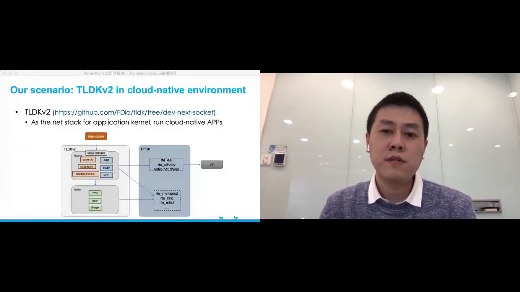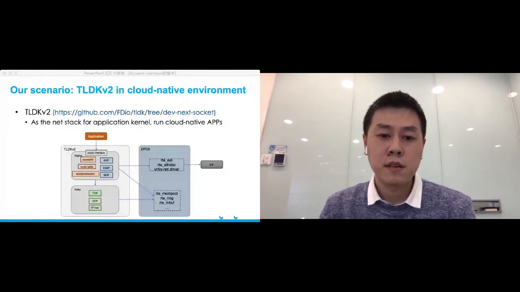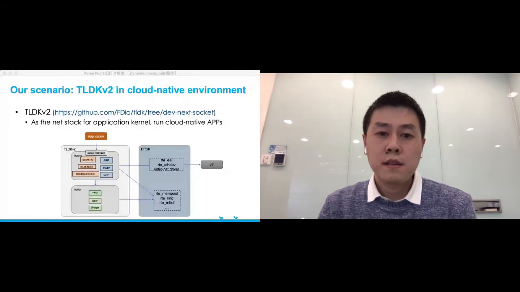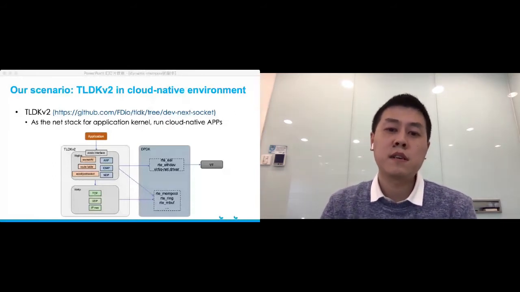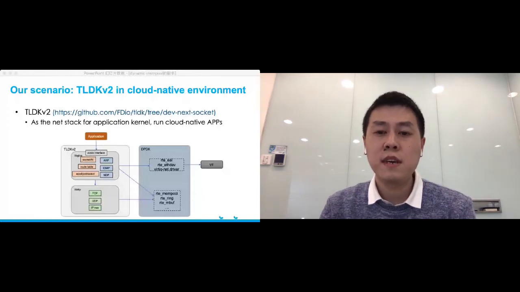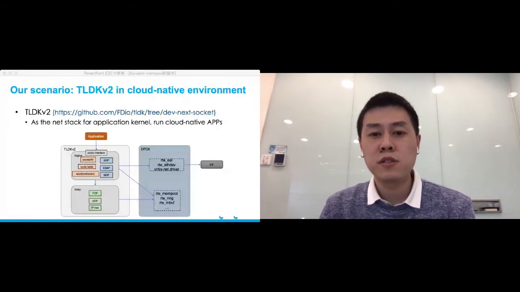My colleague Jianfeng and NAF Constantine from Intel have introduced it in the last DPDK Summit. TLDK v2 supports POSIX compatible socket interfaces and necessary network protocols in layer 2 to layer 4. Therefore, it could be easily integrated into applications without major modification.